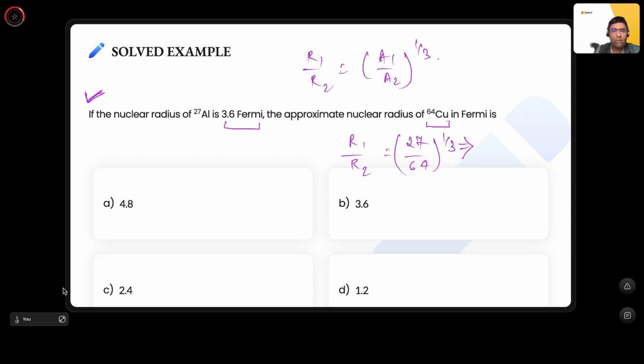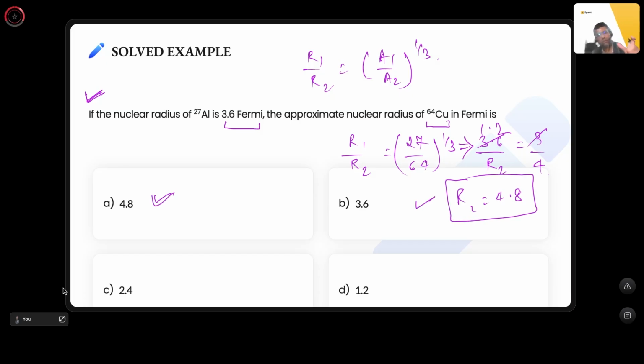We are given the value of R1 as 3.6, and if you take the cube root, it will become 3 by 4. So R1 will be 1.2 and R2 will come out to be 4.8. So this will be my answer. Again, this is very important. You have to do it in the form of ratios, and we have to remember this formula.